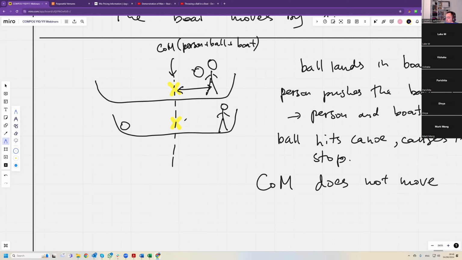Center of mass of three objects. You are here, you are this distance away from the center of mass. But you end up further away because the ball has moved. The ball has moved to the other side, so the center of mass is now between you and the ball, slightly further away from you.